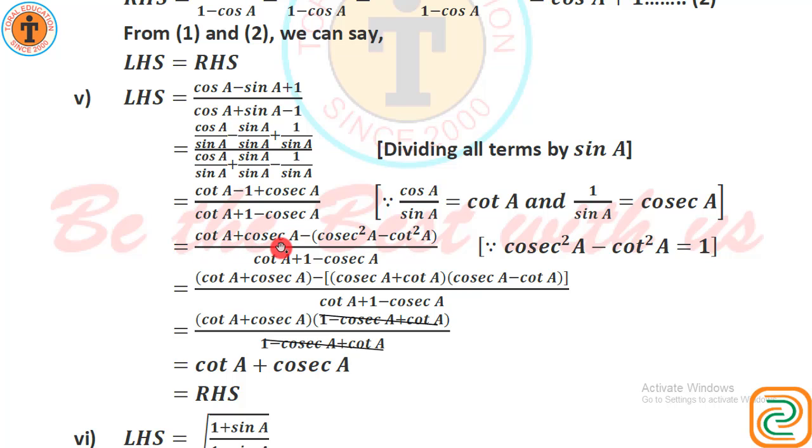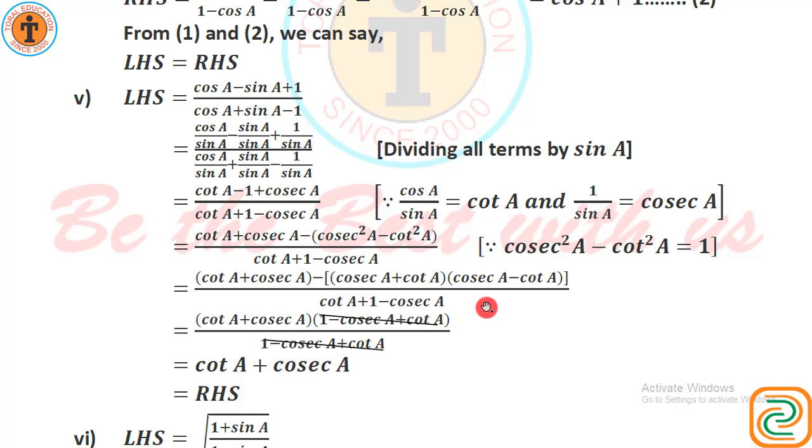Here cot A plus cosec A, minus (A minus B), that is cosec A minus cot A, and cosec A plus cot A, both. We can take cosec A plus cot A as common. So if we take common from here will be 1, this is 1.